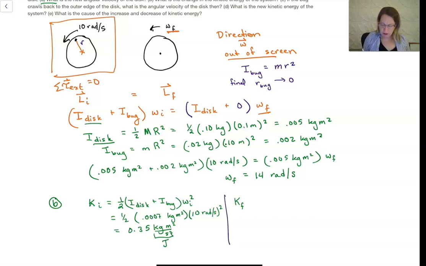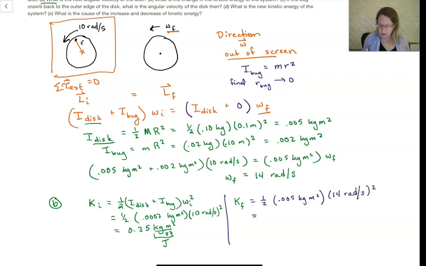For the final situation, this becomes 1/2 the I of the disk, which is 0.005 kilogram meters squared, and 0 for the bug, times omega final, which would be 14 radians per second, squared.